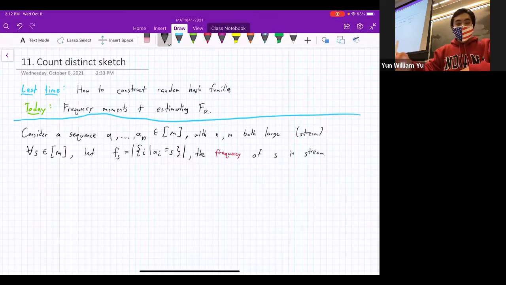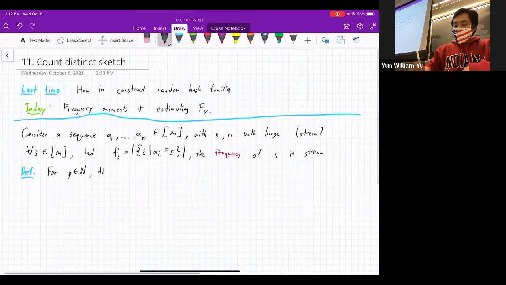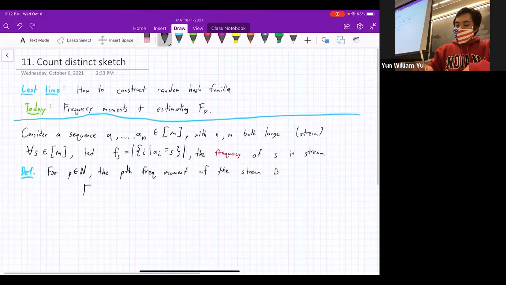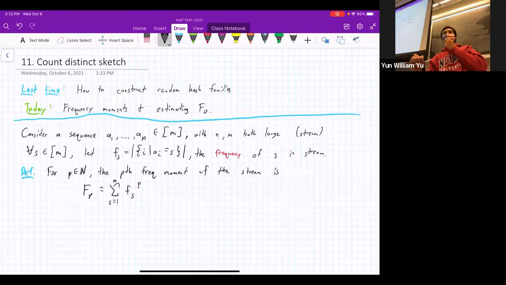And we're interested in a couple of different things that we can define this way. So we're going to be interested in things called the frequency moments. So for any p, that's a positive integer, the pth frequency moment of the stream is F_p, equal to the sum over s from 1 to M of f_s to the p.